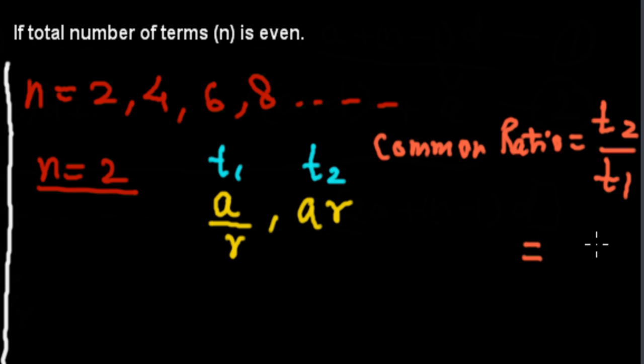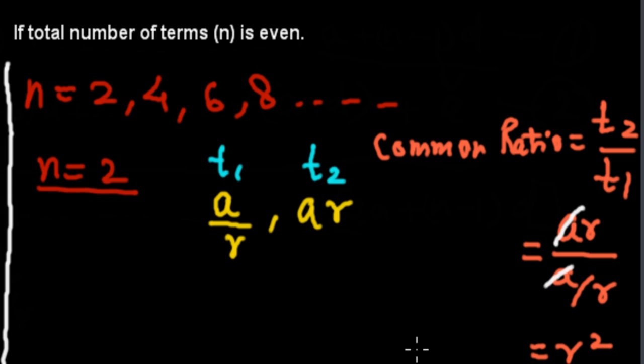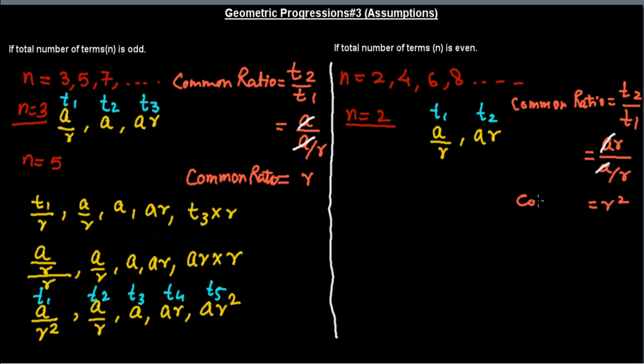You see here what happened. T2 is ar and T1 is a upon r. So we will get r square. The common ratio is r square.